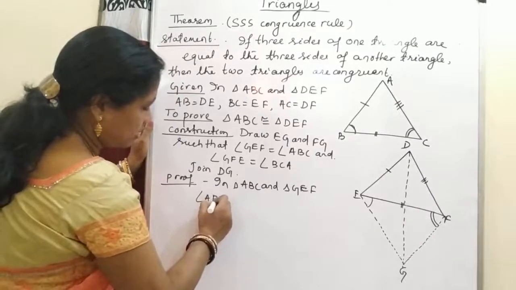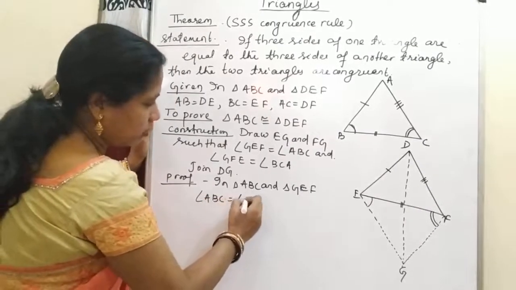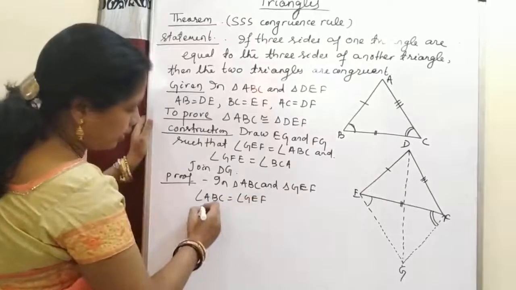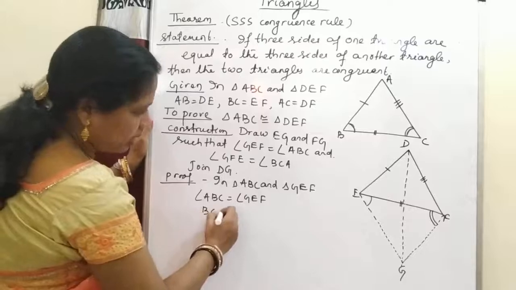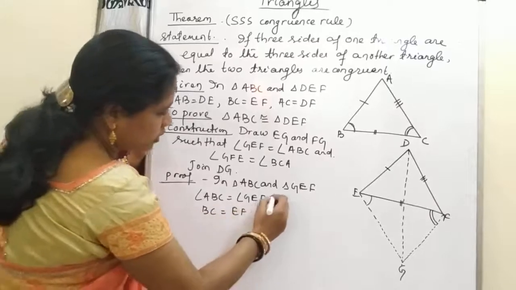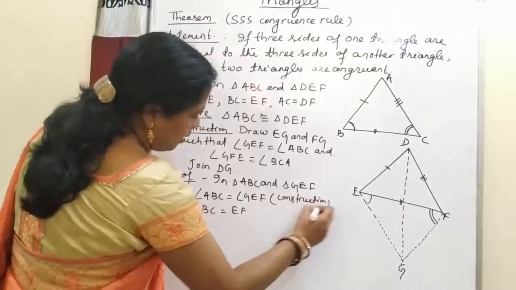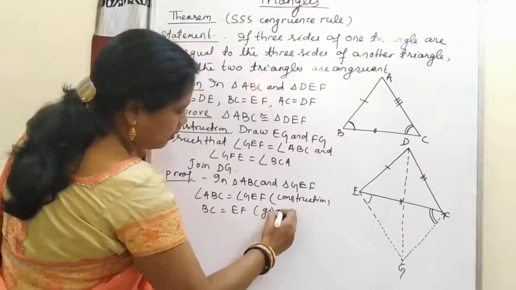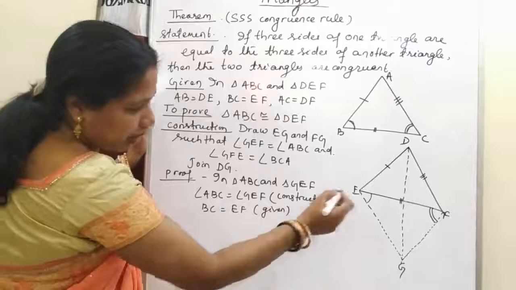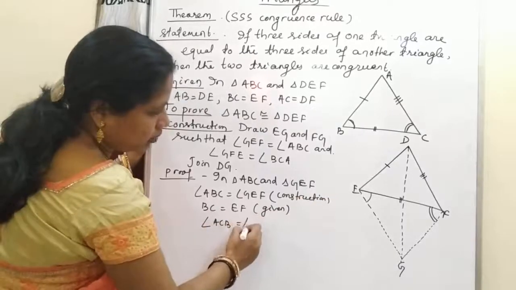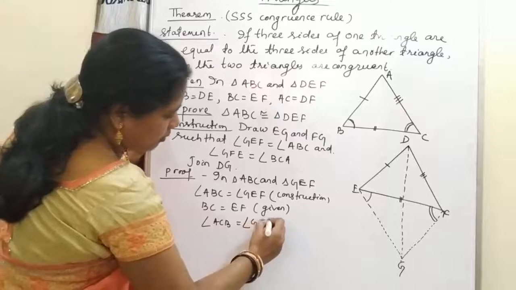Angle ABC is equal to angle GEF, this is by our construction, and BC is equal to EF, this is given, and another angle ACB is equal to angle GFE.